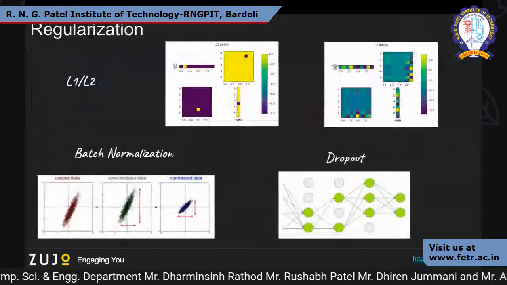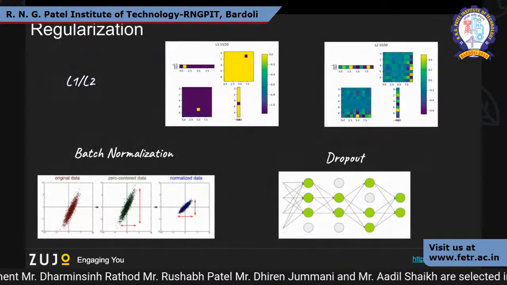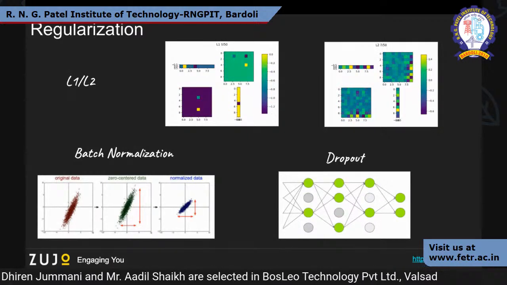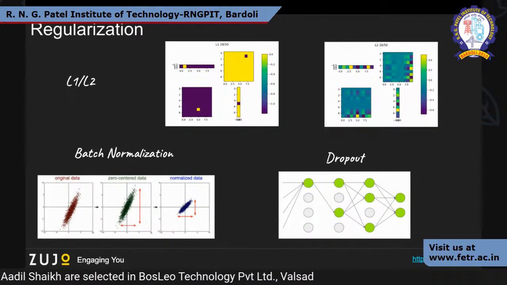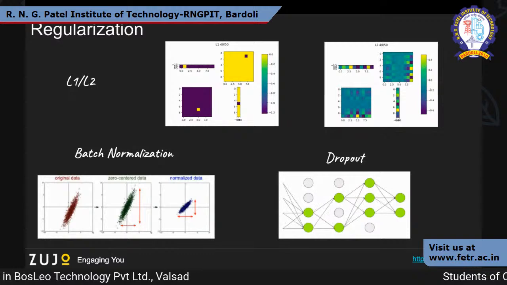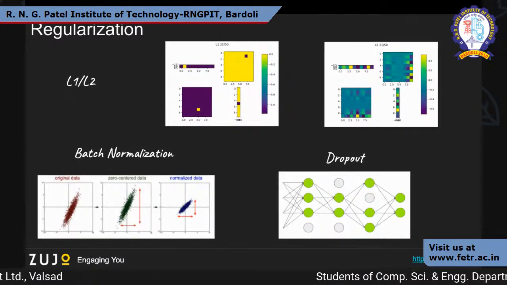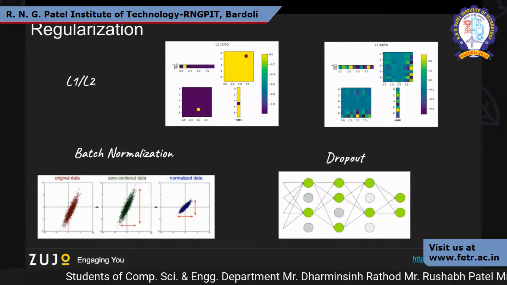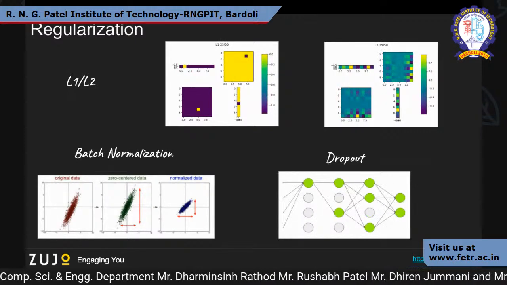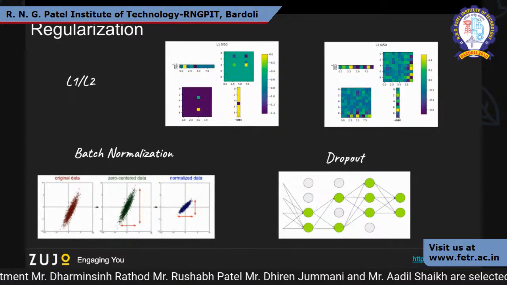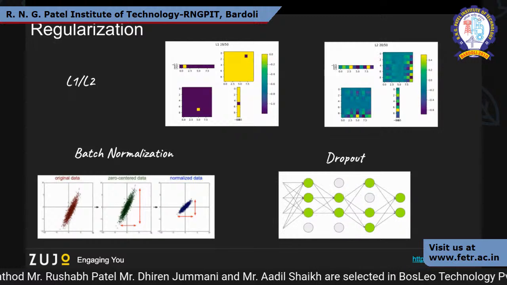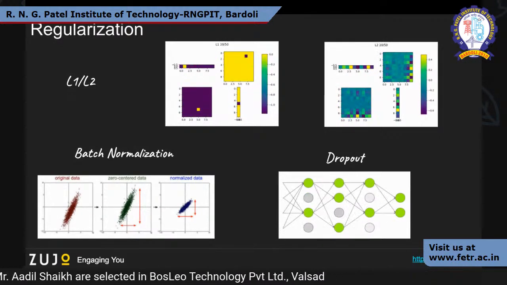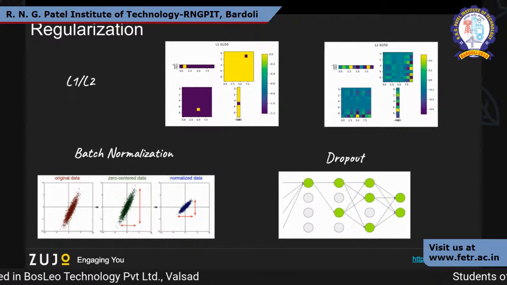But before that, let's understand regularization. I described regularization in the last lecture as well. To overcome overfit and underfit problems in your network, you can use four major concepts to regularize: L1, L2, batch normalization, and dropout.